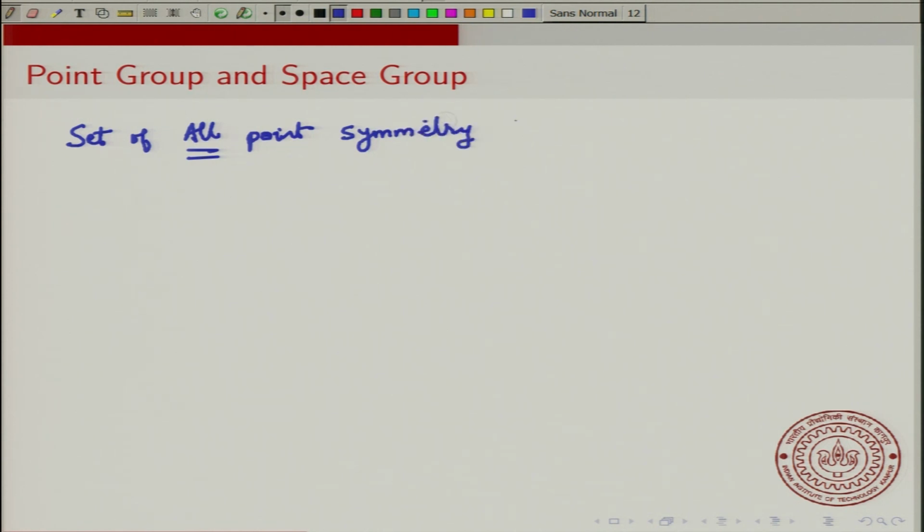Remember identity is also a point symmetry operation, so keep in mind that this includes identity. This is what is called the point group.